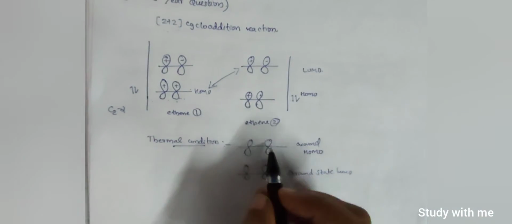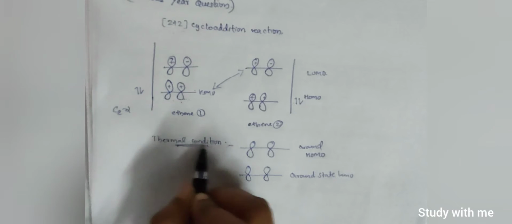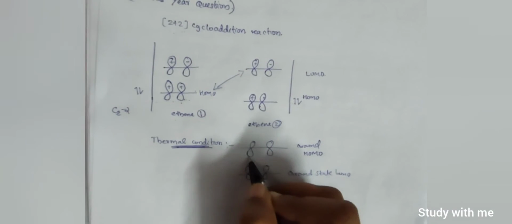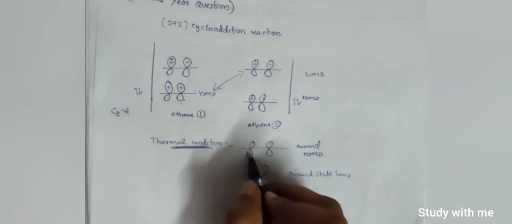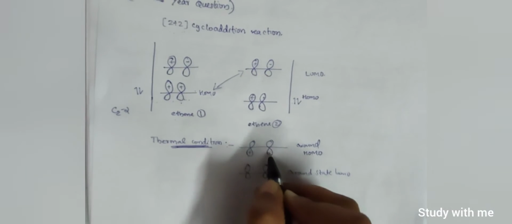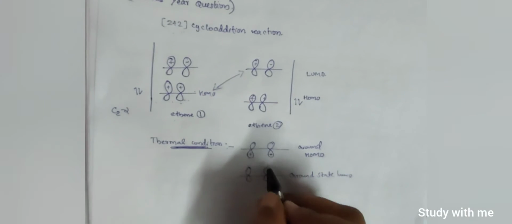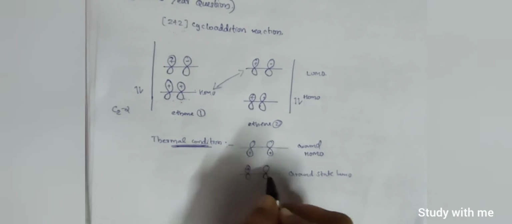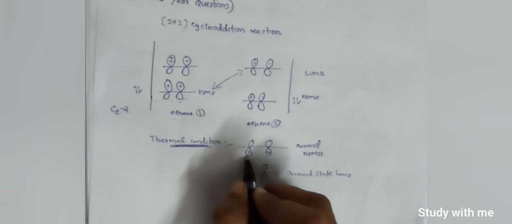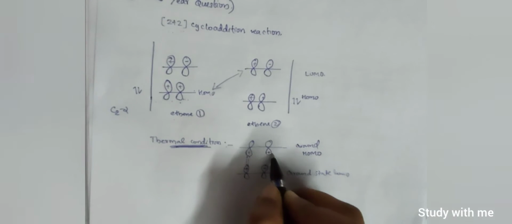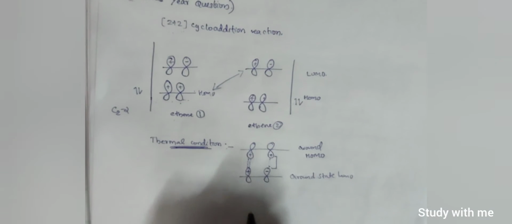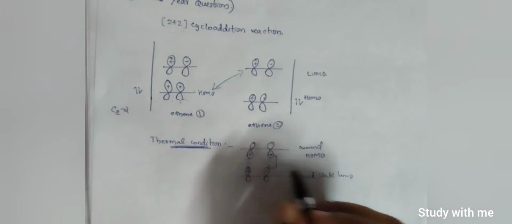These two will be added for the thermal condition. This is the cycloaddition, so a bond should form here. So we will draw the positive signs here for clarity, and the plus and minus here. So we can form a bond here, there is no problem, but here this will not form any bond. So in thermal condition this is the supra addition.